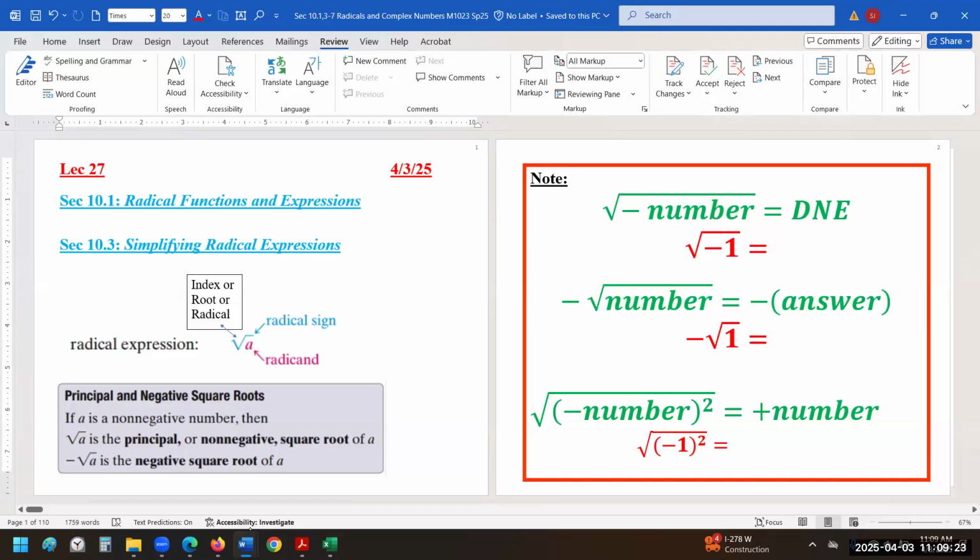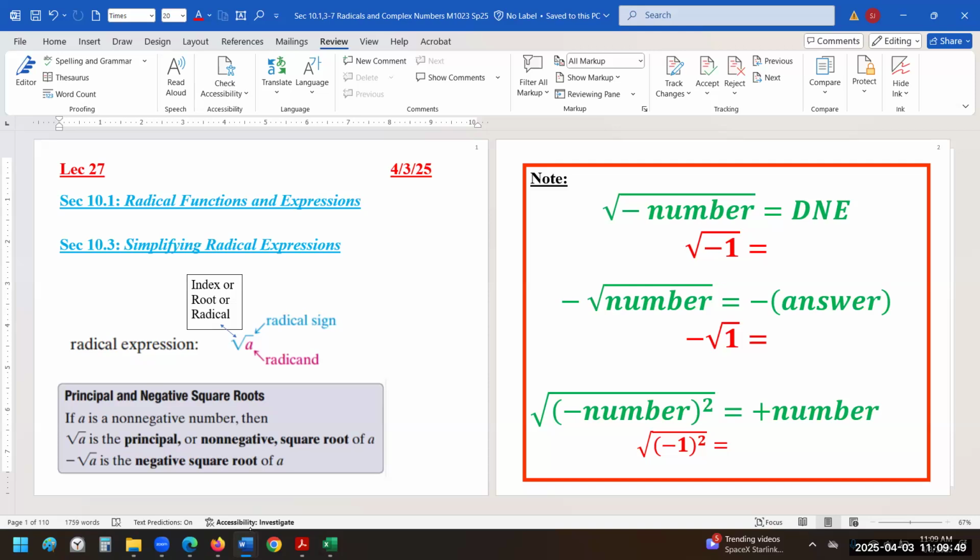I think I told you before, but I'm reminding you again. A radical has two things. One is the index, and one is whatever we have inside the radical. Whatever number we have in the little tiny part of the radical sign, we call it the index or root.